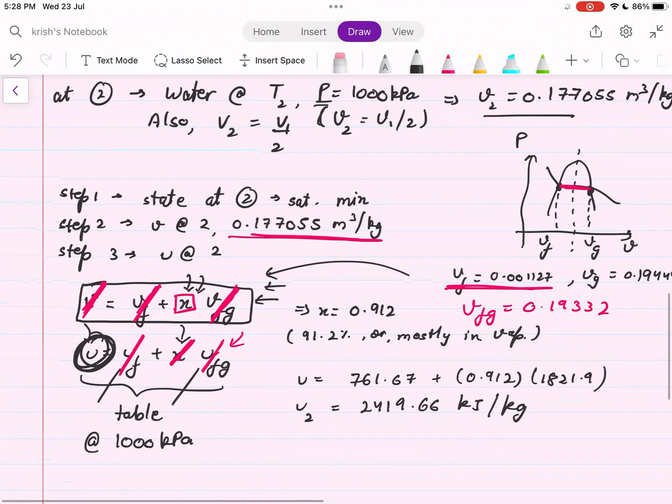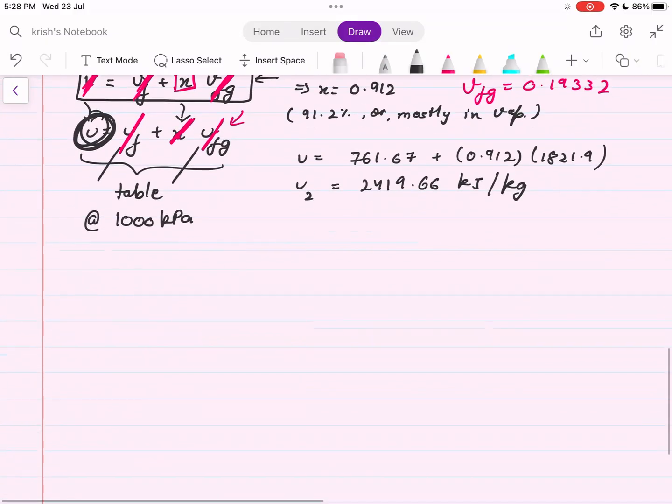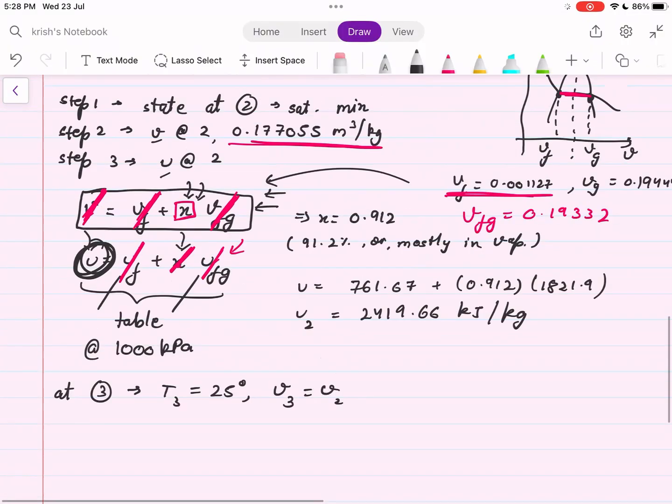So now at state 2 we have the specific volume, specific internal energy, volume and temperature. Let us try to do the same at state 3. At state 3, what do we have? We have a temperature of 25 degrees Celsius and the specific volume remains the same because the volume remains the same, right?